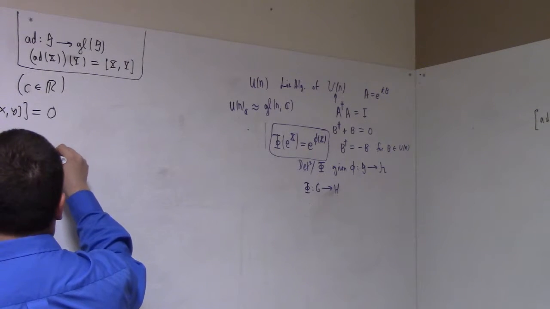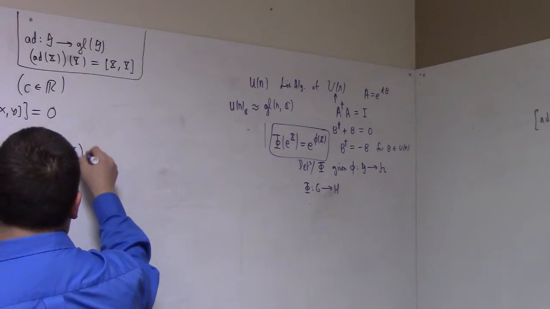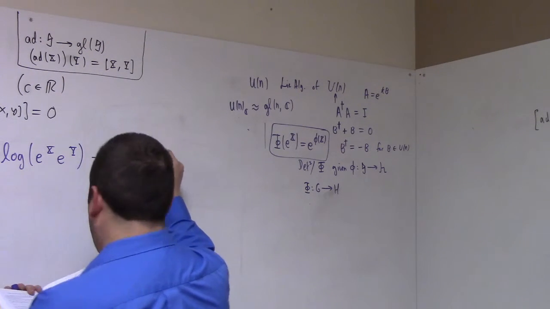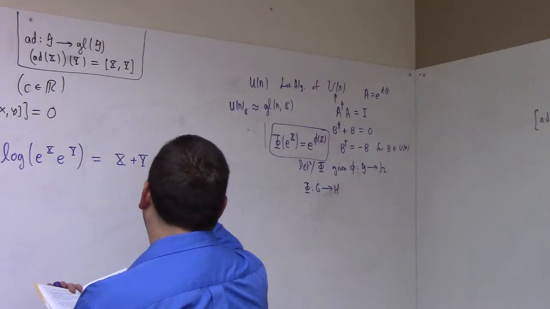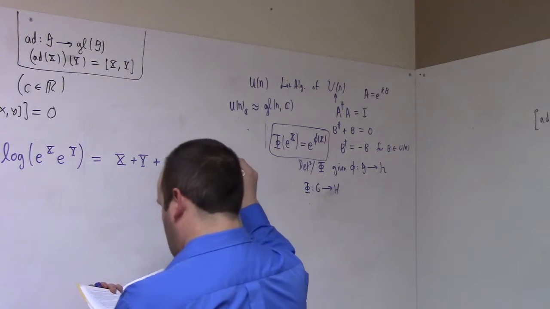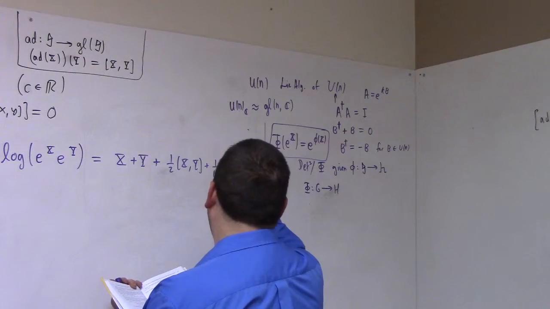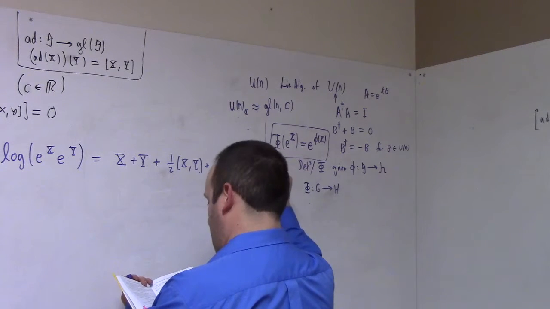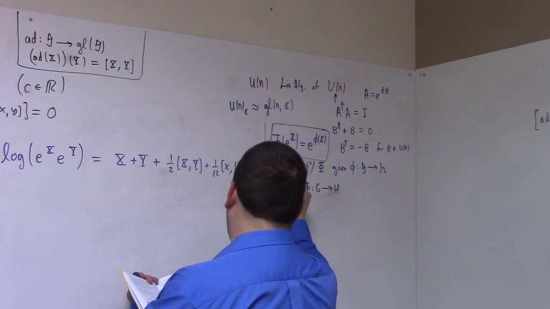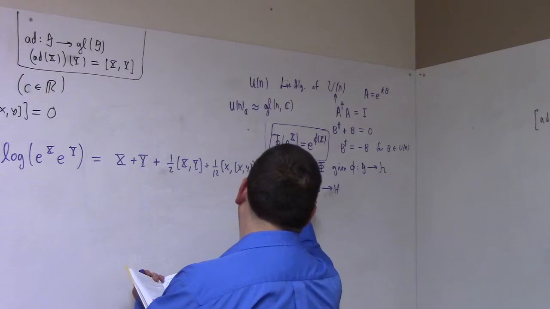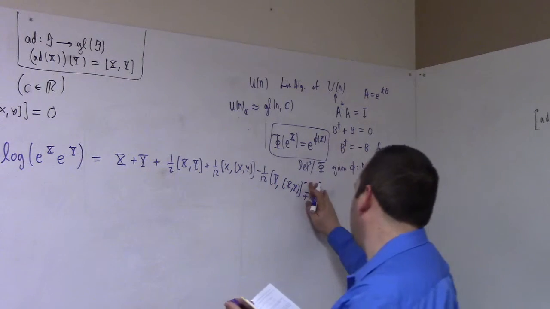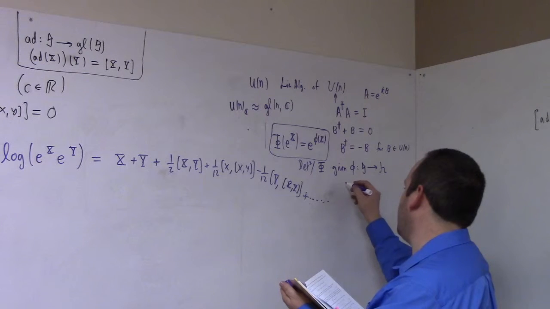It says log of e to the x, e to the y, is equal to x plus y plus 1/2 bracket of x with y plus 1/12 bracket of x with bracket of x, y, minus 1/12 bracket of y with bracket of x, y, and then stuff, higher nested brackets.